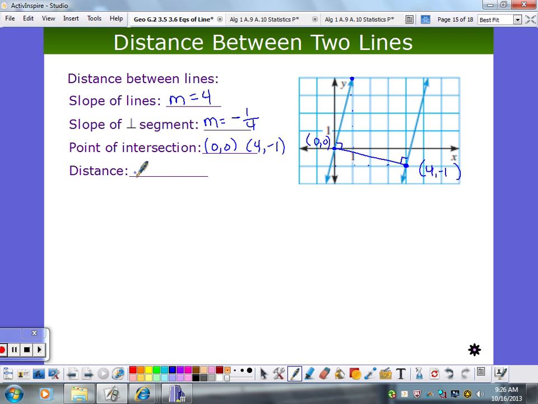The distance is going to be the square root of the distance between the x's, 0 and 4 are 4 apart, squared, plus the distance between the y's, 0 and -1 are 1 apart, squared, equals the square root of 16 plus 1, equals the square root of 17. So if they want the answer in simplest radical form, I guess I'm done. Can I simplify 17? No, there are no square factors in there. If they say round to the nearest tenth, then I just put this in my calculator. It'll be 4.1 to the nearest tenth. And that is the distance, whatever units we're using for this.